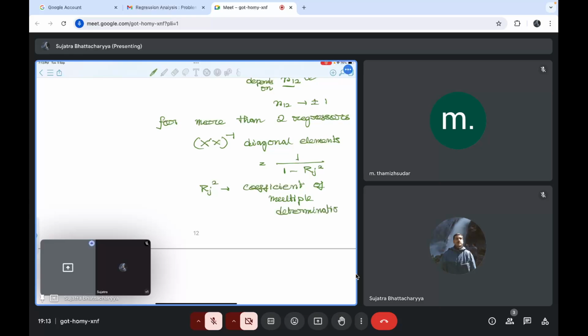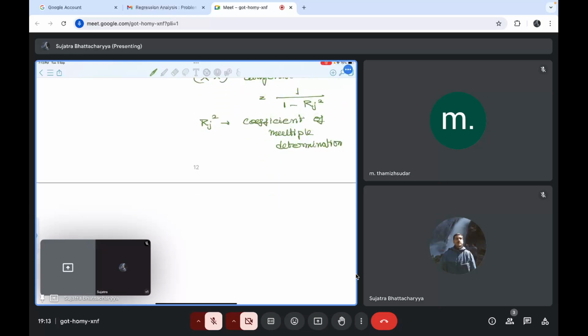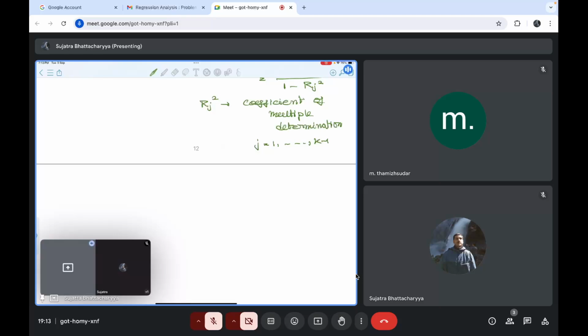Now j can of course go from 1 to k minus 1, because if there are k minus 1 regressors, which we generally take as an assumption. But what is this coefficient of multiple determination?